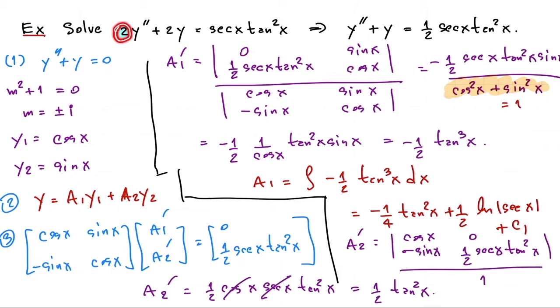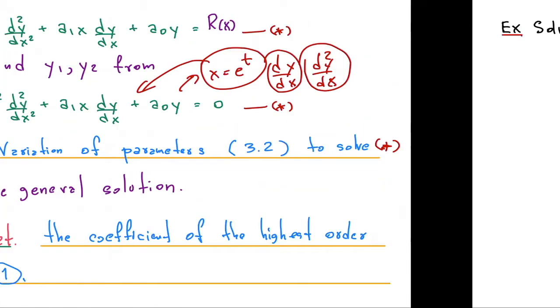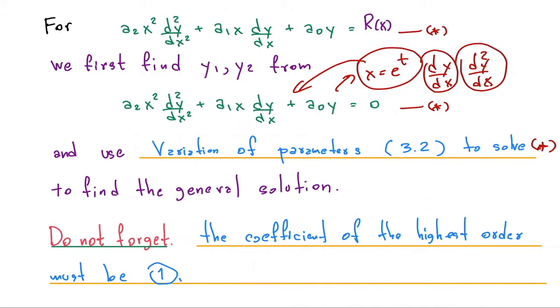So first, we need to divide the whole equation by 2, so that this becomes 1, and then we can apply variation of parameters. That's just the thing that you should be aware of. So let's look at an example.